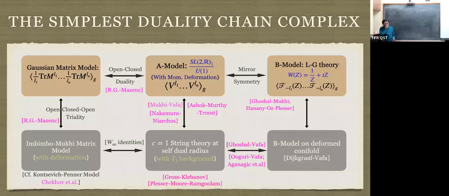Sorry, do they carry Euclidean momentum in time or Lorentzian momentum? I mean, do they carry real Lorentzian energy? They carry Lorentzian. They're on-shell states from the point of view of the 2D string theory. So the compactification is in Lorentzian time. Or can I just forget the compactification?